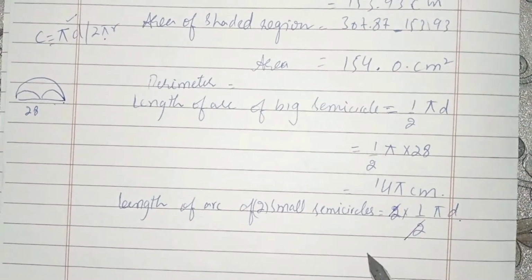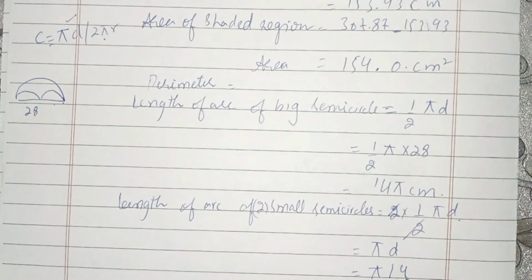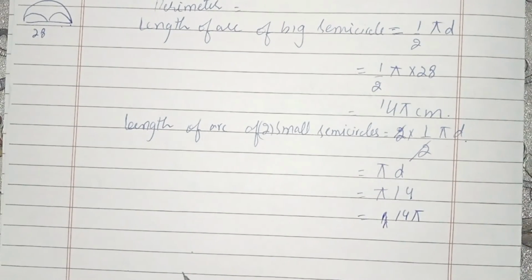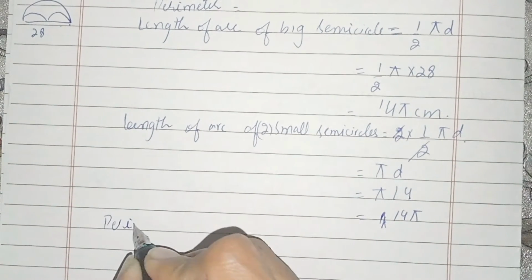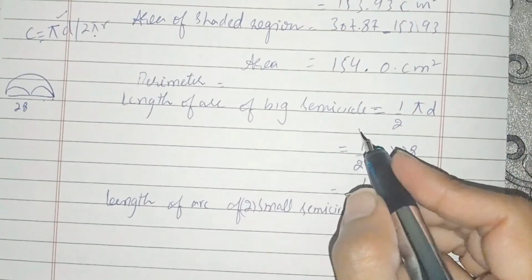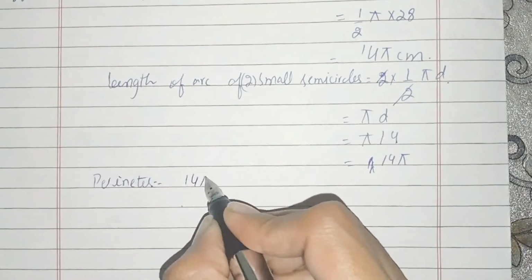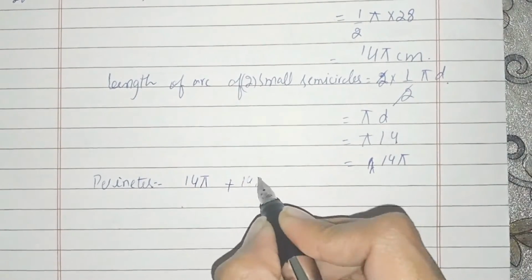And 2 is cancelled by 2, and pi d, the value of d is given to us, which is 14. And now the perimeter is equal to the length of arc of big semicircle and length of arc of two small semicircles, which is 14 pi and 14 pi.